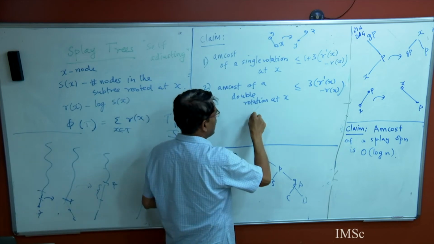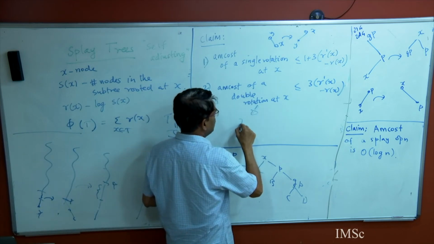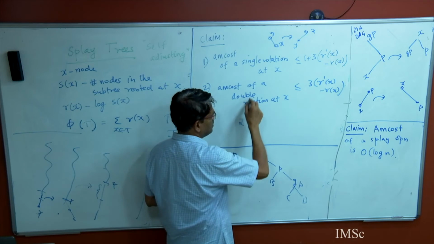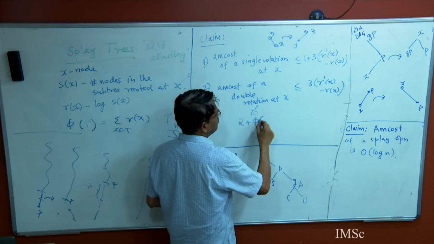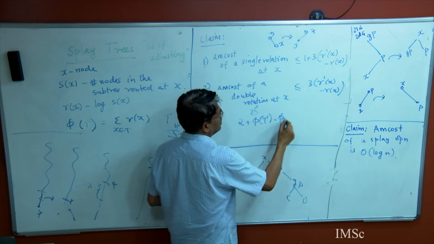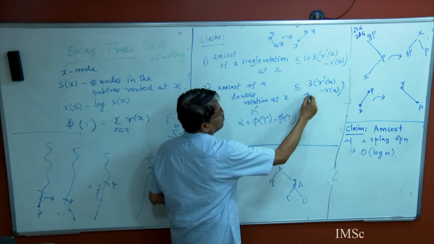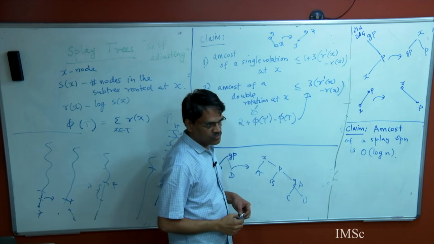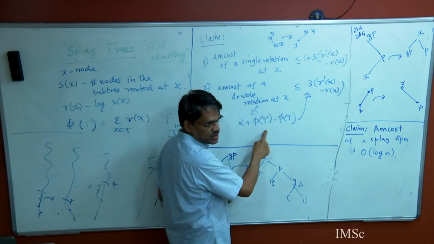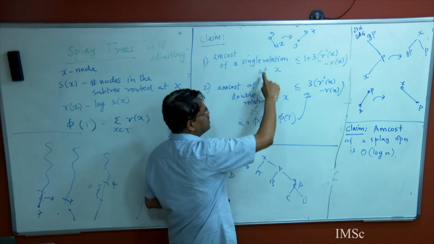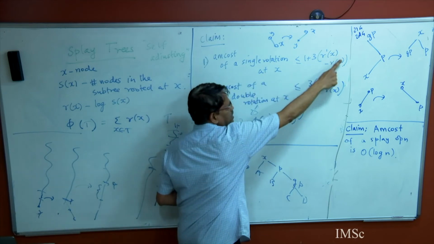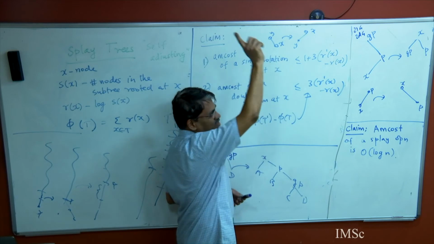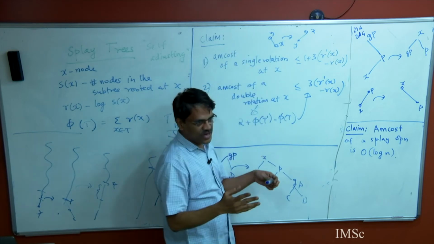So what we will actually show is the actual cost, which is 2 plus the potential difference, which I will show it to be less than or equal to this for each double rotation. For single rotation, 1 plus the potential difference, I'm going to show it to be this. But single rotation happens only once, so I can afford that plus 1.